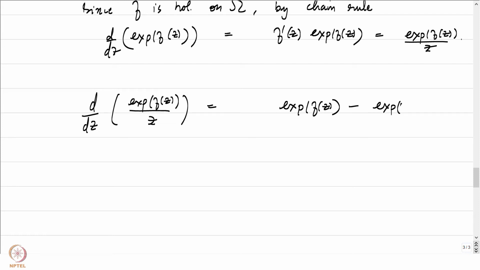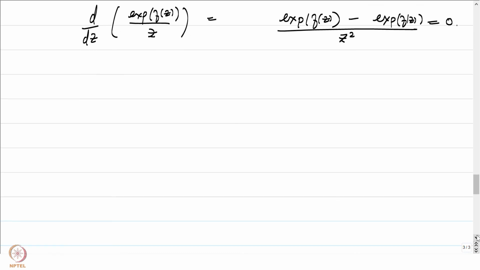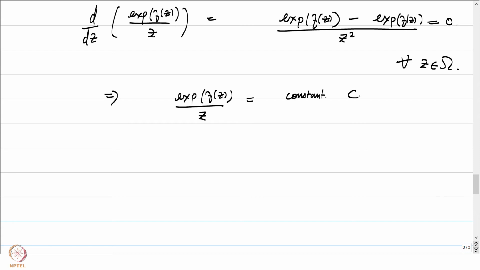So, this is going to be exp of f of z the whole by z square, which is equal to 0, because our domain is connected. Hence, this is true for all z in omega, right? And because of that, exp of f of z by z is a constant. Let us call it some c.